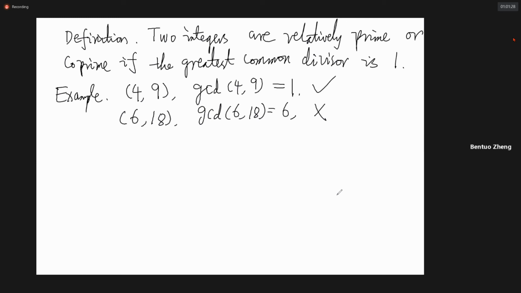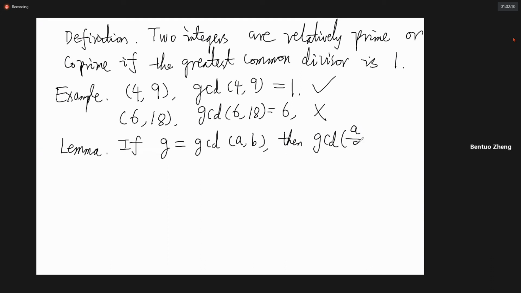So the next lemma tells us that if G is the greatest common divisor of A and B, then you can divide both A and B by G and claim that A over G and B over G are co-prime. So if G is equal to the greatest common divisor of A and B, then the greatest common divisor of A over G and B over G is equal to 1.